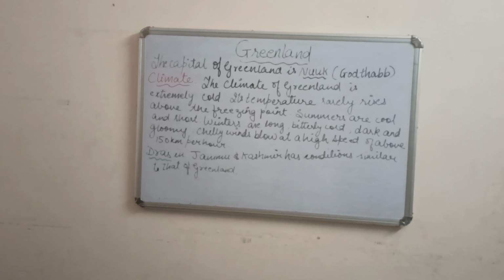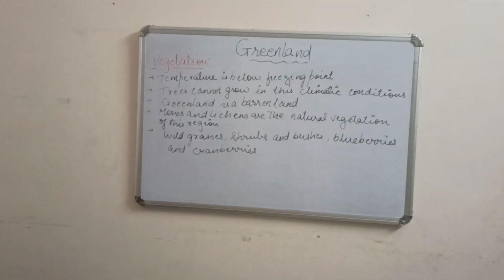When we talk about the vegetation of Greenland, as we all know, plants cannot grow in an area where the climatic condition is not suitable, which means that plants cannot grow when the temperature is below 4 degrees Celsius.